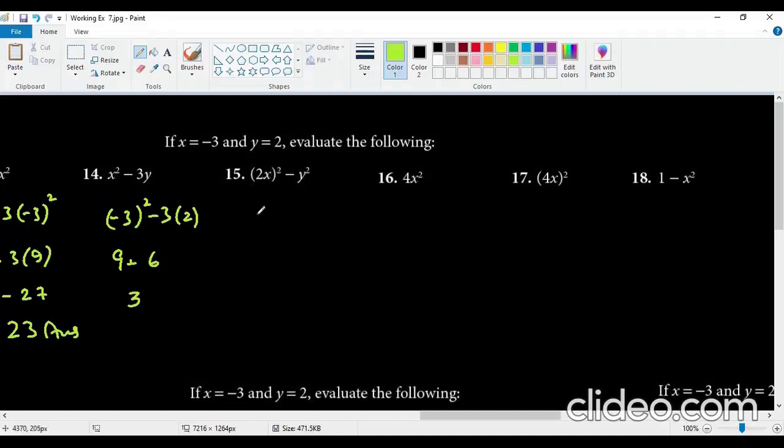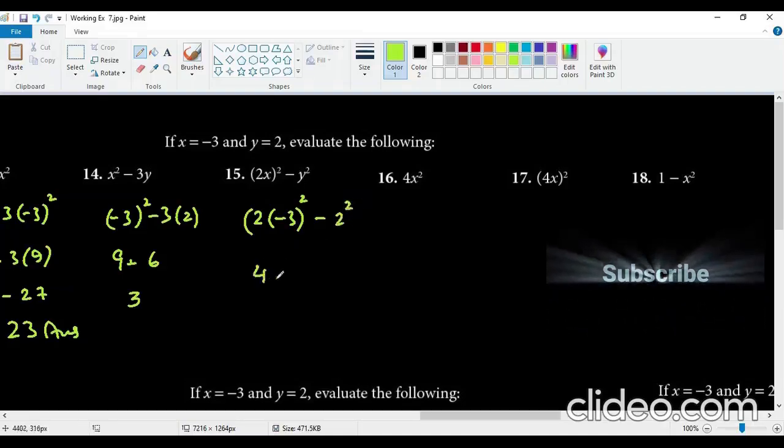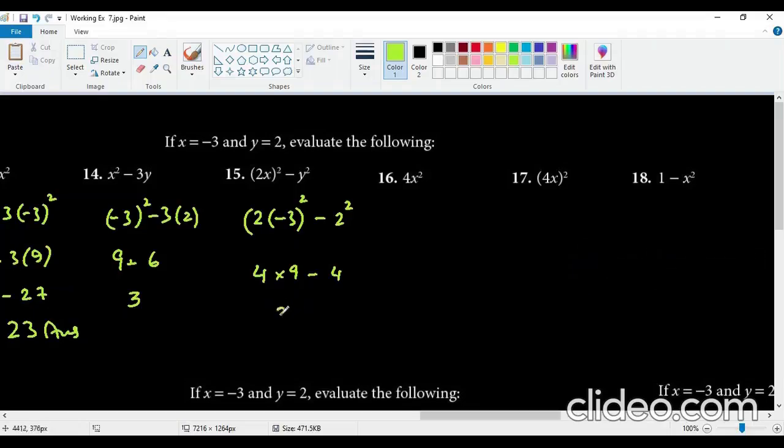That means 2 times (-3) whole squared, minus y², which is 2 squared. So this is going to give you 4 times 9 minus 4. So 4 times 9 is 36, minus 4 is going to give you 32 as an answer.